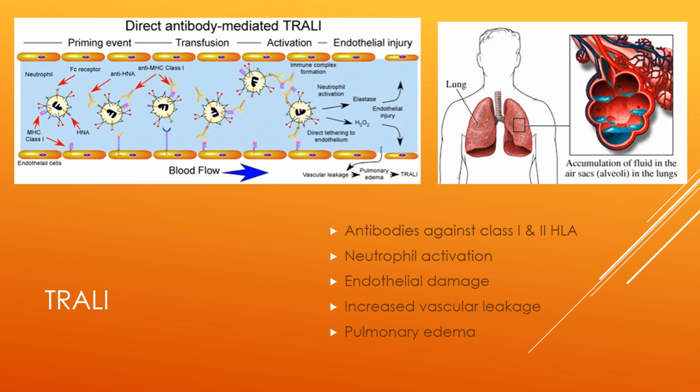Generally, it would be a second exposure. The patient has been sensitized against some HLA, either class 1 or class 2 factors, and they develop antibodies against those factors. Then when they receive their second unit, those anti-HLA factors will activate neutrophils.